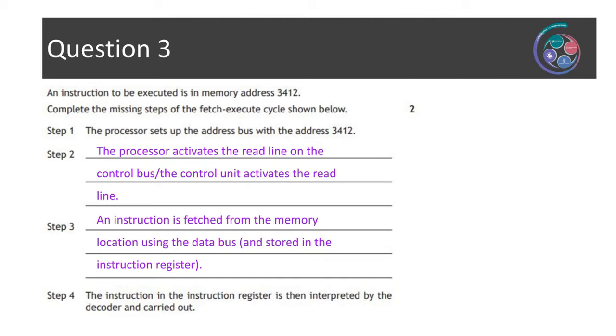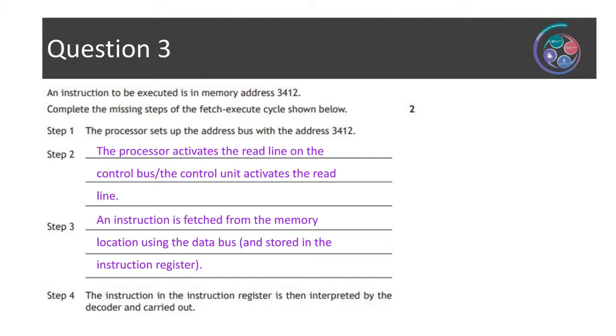Step 3, an instruction is fetched from that memory location using the data bus. And then you can say it's stored in the instruction register. But it's about getting this idea that the data is fetched from the memory location using the data bus, and it travels along there.